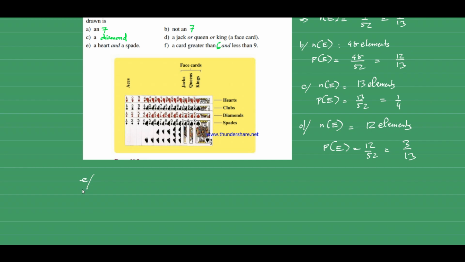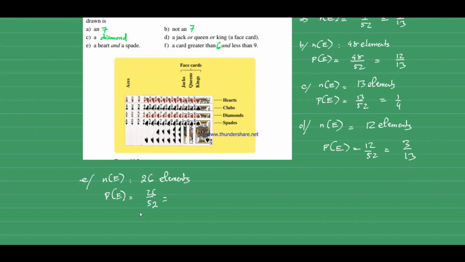And E, heart or spade. So let's see how many hearts and how many spades. We have 13 hearts, 13 spades, 26 elements. So the probability would be 26 over 52. Oh, this is heart and spade. This is heart and spade.